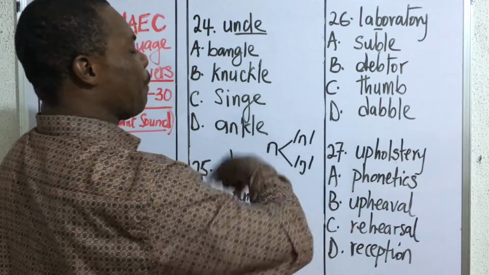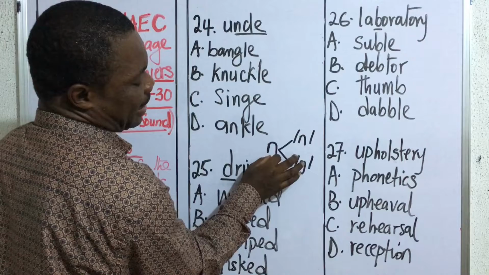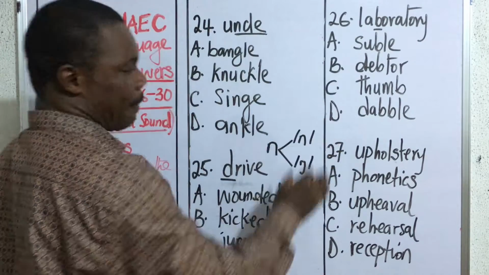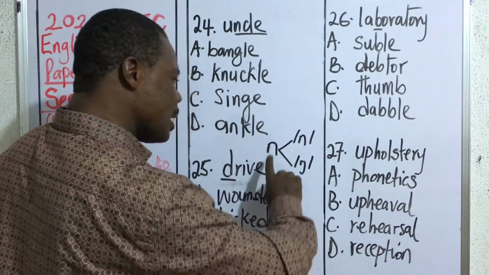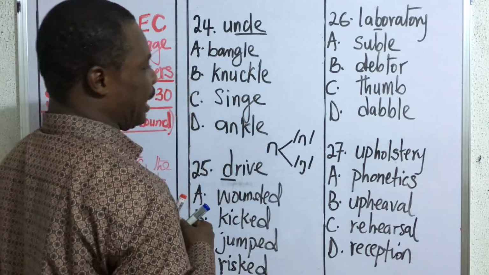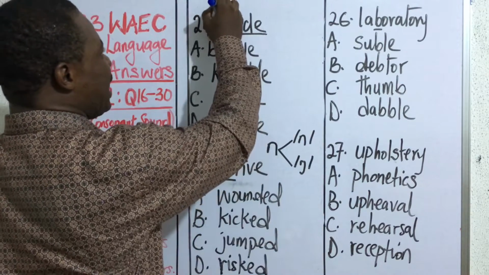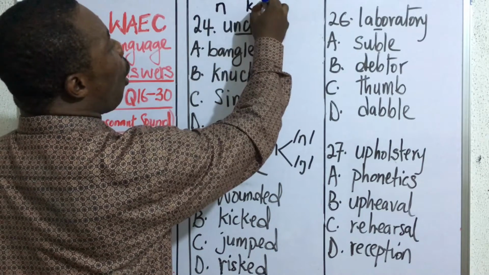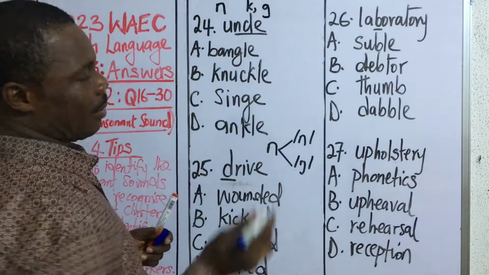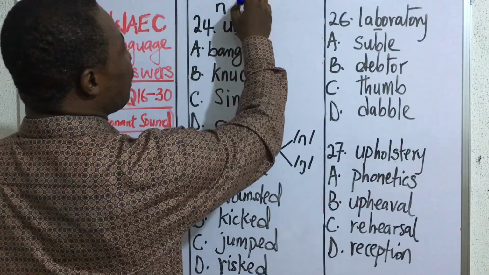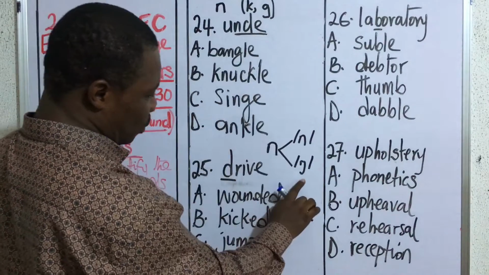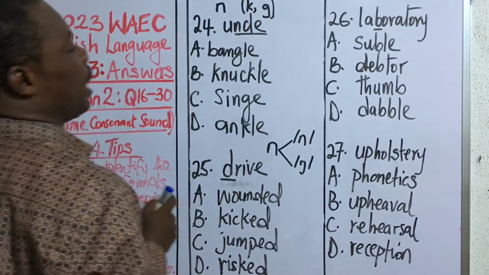In all appearances of the letter N, it will give you consonant N, except if N is preceded by what? K or what? G. So these are the only conditions that will make the letter N change to ng. Just take note of that.